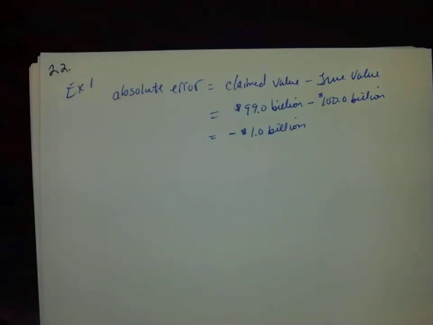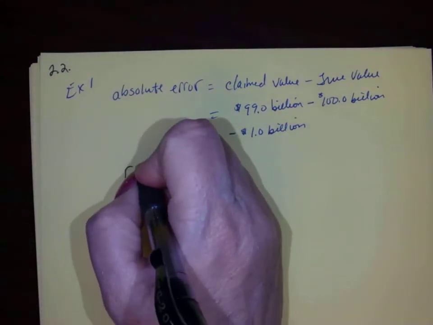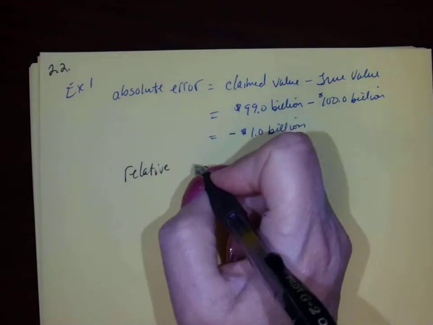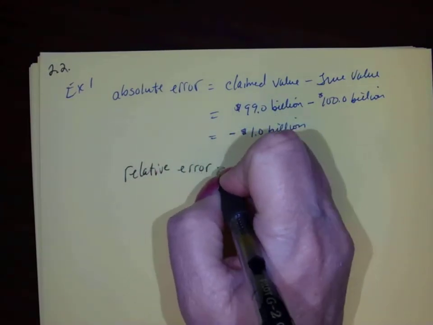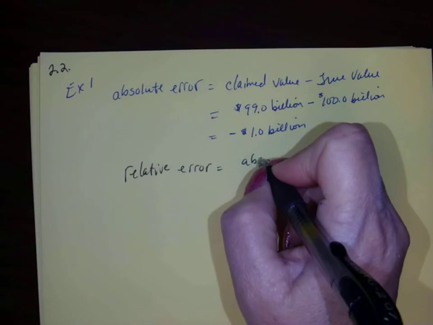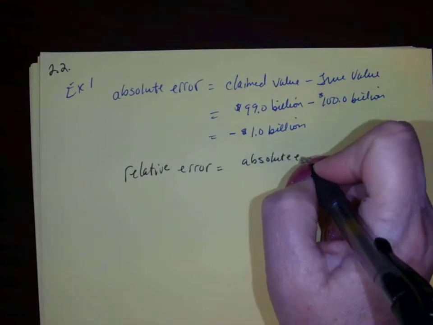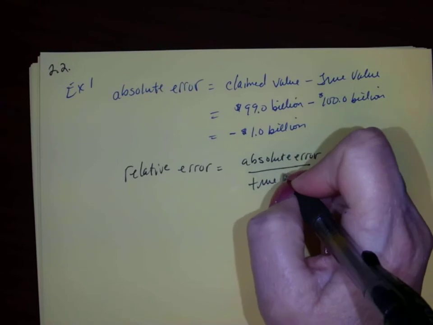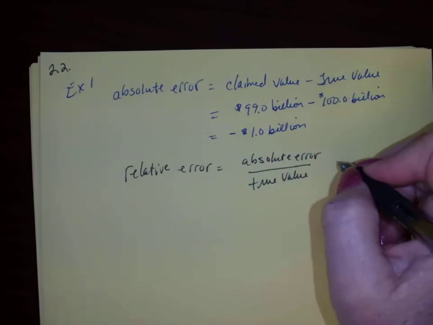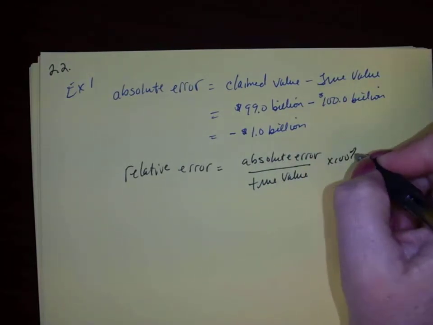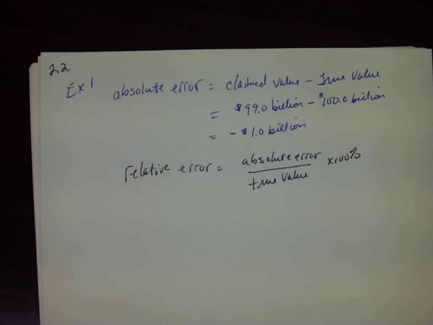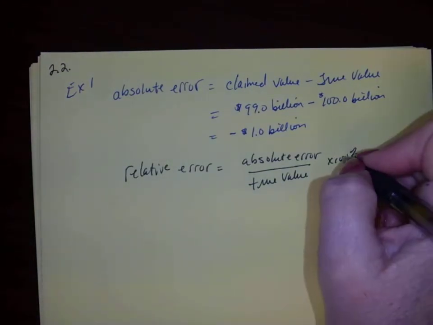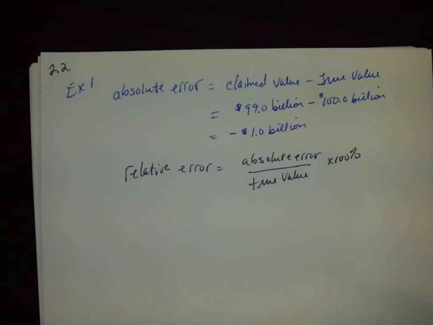Now for the relative error, this will be that absolute error that we just found divided by the true value, and then we'll multiply it by 100% to get it off of a decimal, and we'll have a percentage of how off it is.